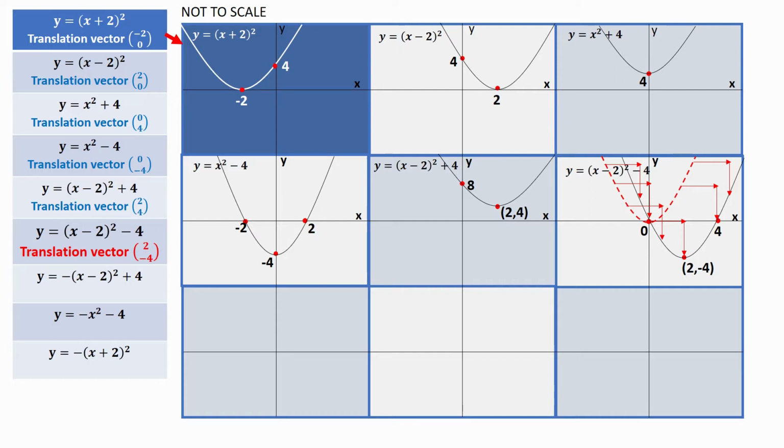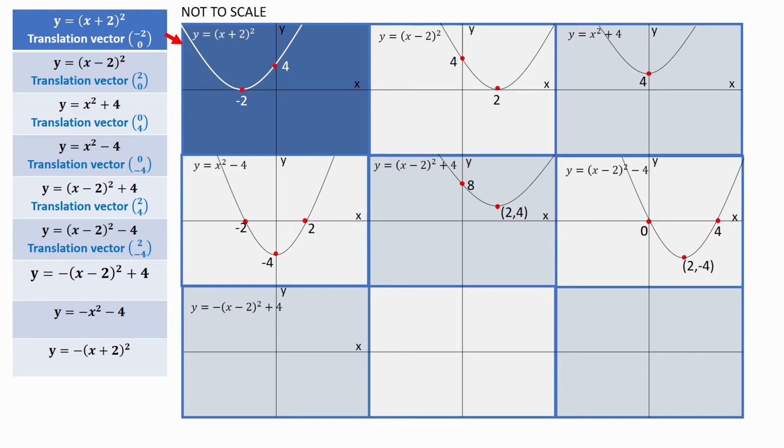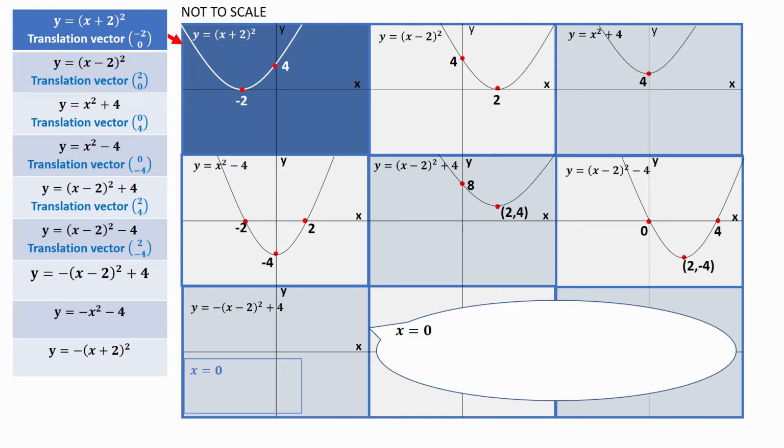Now consider the curve y equals minus (x minus 2) all squared plus 4. When x equals 0, y equals minus (negative 2) all squared plus 4, which gives minus 4 plus 4, which is 0. Plotting the point (0, 0). When y equals 0, minus (x minus 2) all squared plus 4 equals 0.